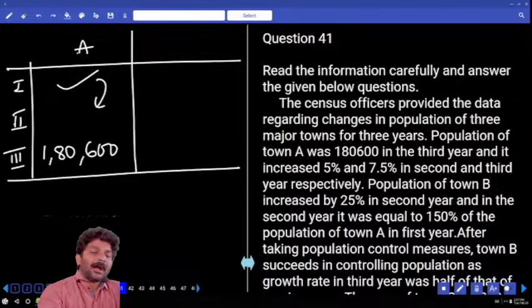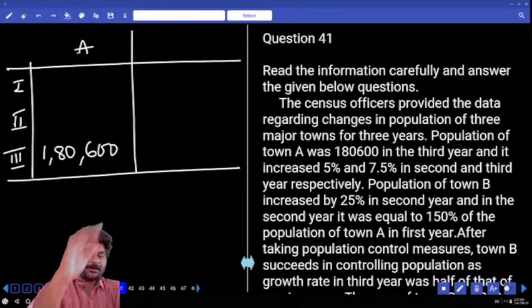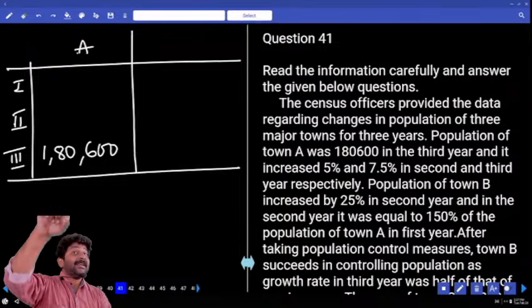So now, I don't want to use that method. And I just can't write any blind number over there. There has to be some simplification. So what I'll do is, first year to second year, 5% increase. Second year to third year, 7.5% increase on the increased number.